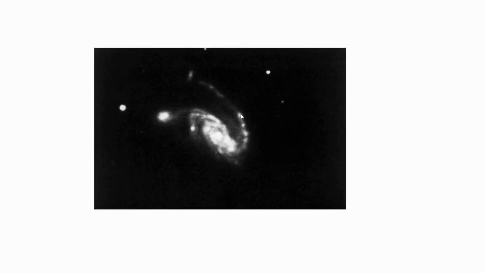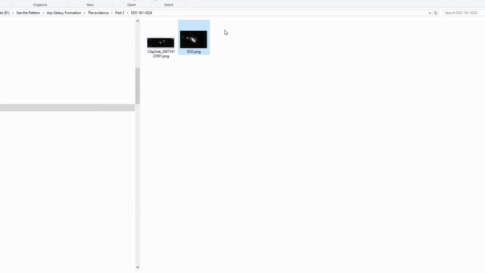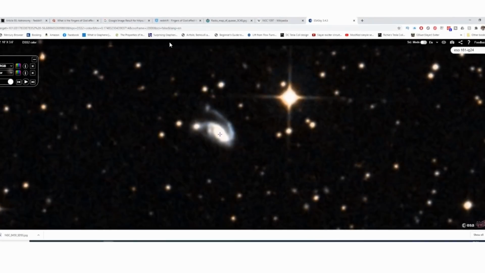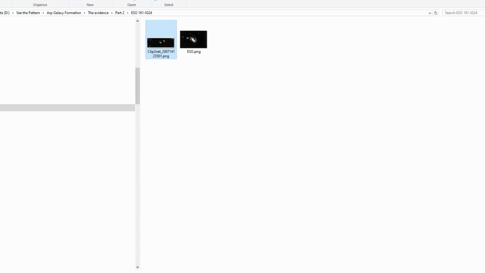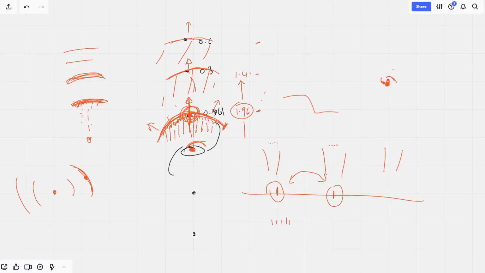And then this one is another interesting one where you have these blobs along the arm. I'm not sure in this image whether any of these are quasars. I'd have to go back and have a look. But yeah, I know what you're saying.